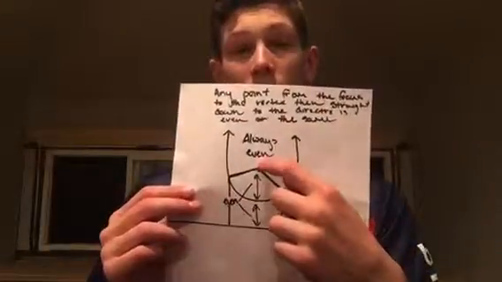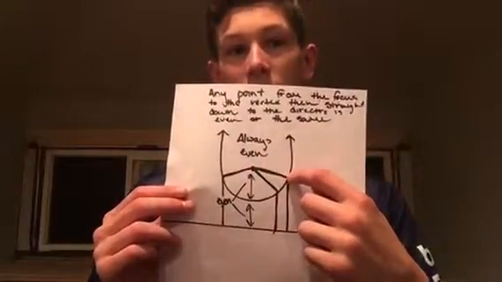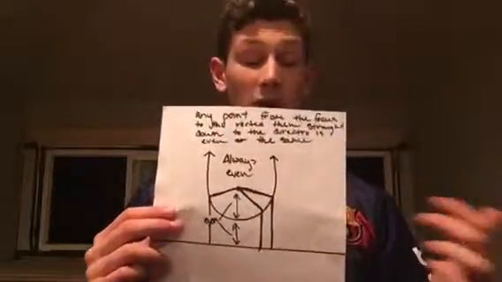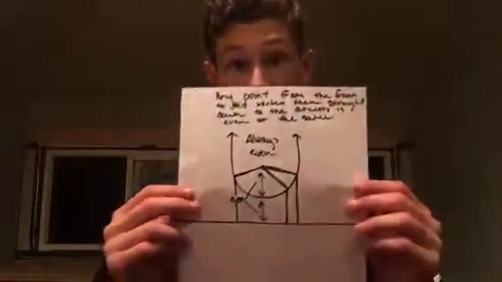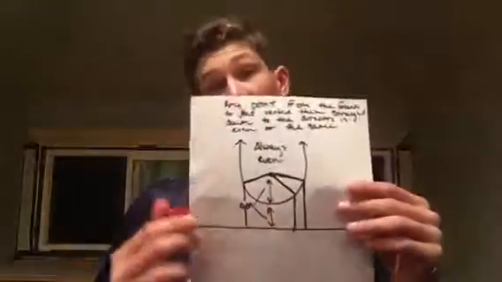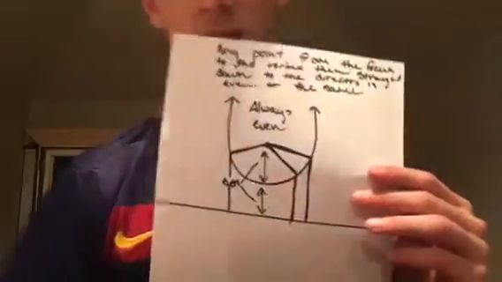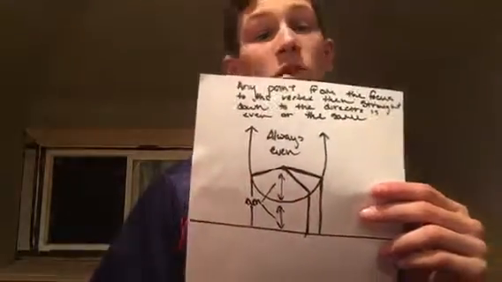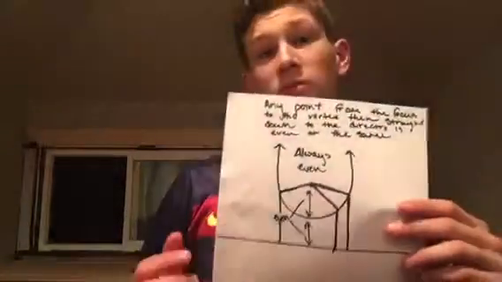But it also works over here. So from here to there and then from there to there, that is the same length. Again, I apologize if my drawing is not necessarily up to par. But essentially, from the focus to the vertex, it's the same as the directrix to the vertex.